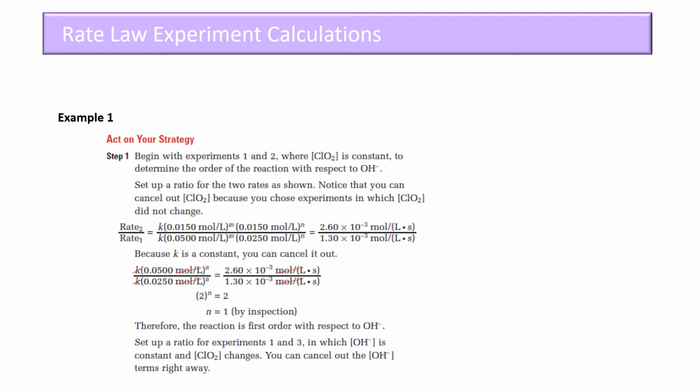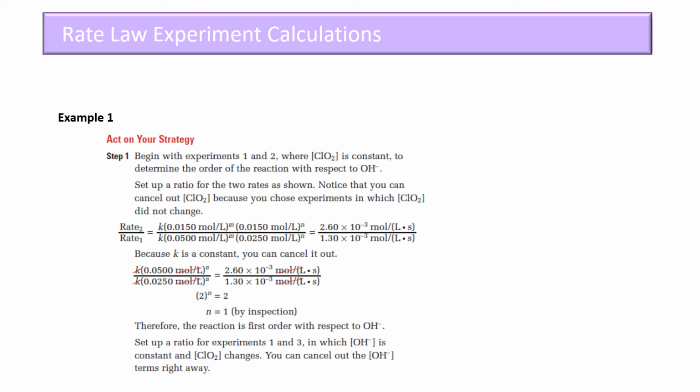Therefore, the reaction is first order with respect to OH minus. Now, following the same logic, set up a ratio for experiments 1 and 3 in which the concentration of OH is constant and the concentration of ClO2 changes.